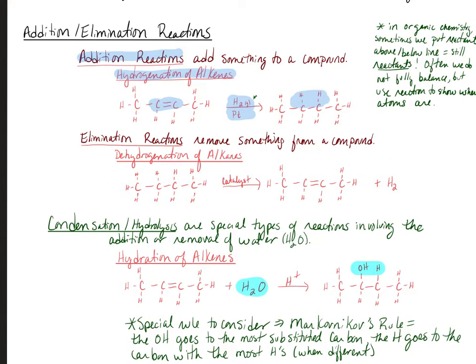Now, one thing to note here, you've probably never seen H2 and Pt like this, over and below the arrow. When it comes to organic chemistry, we don't write everything out like you do for inorganic chemistry. We may not have a plus whatever it may be on the left-hand side.